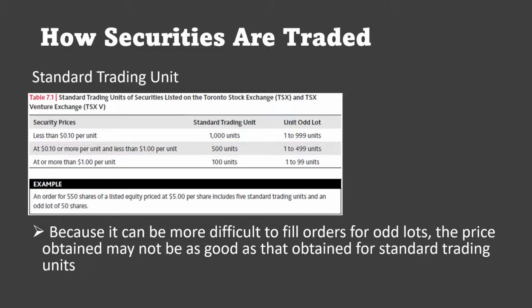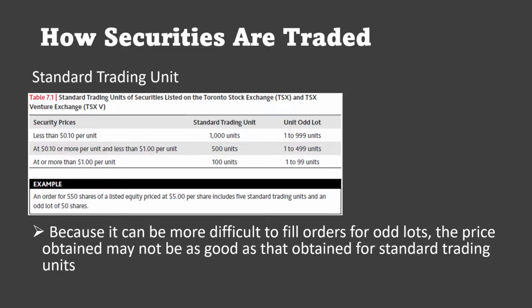Again, say you're buying a bank stock, say you're buying Bank of Nova Scotia, which is at about $90 per share. So it's way above that $1 per unit. The standard trading unit for those shares would be 100 units. So if you were looking to buy 120 units, you would do that trade in two separate orders: the first one for 100 units and the second one for the additional odd lot of 20 units.